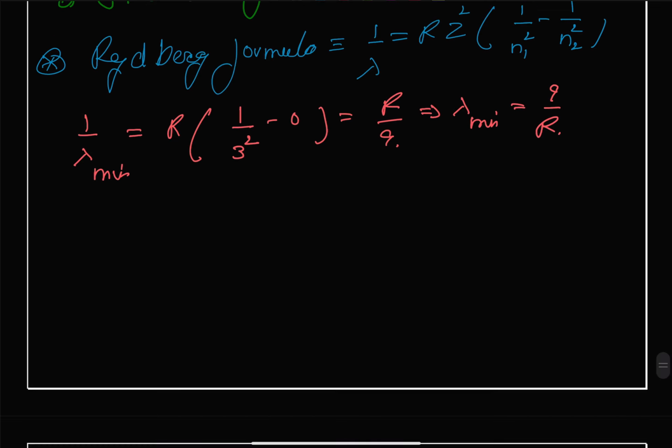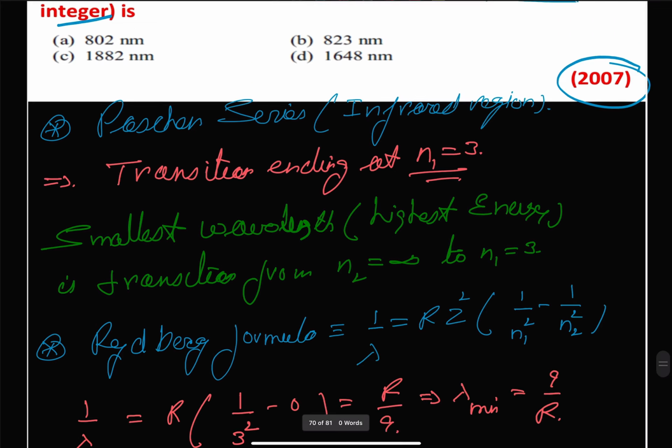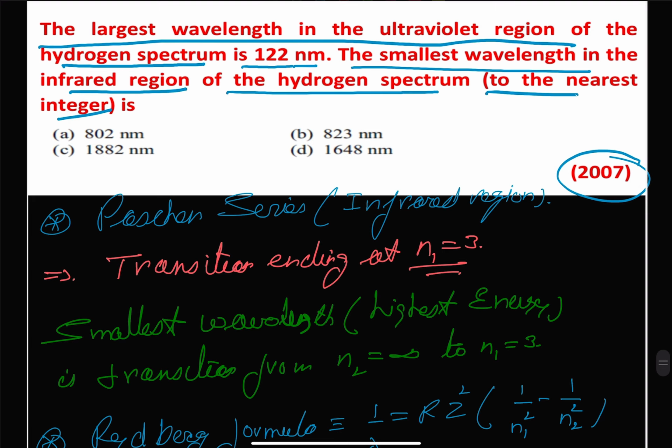Therefore, we can write our lambda minimum is equal to 9 upon 1.1 into 10 to the power 7. This gives us lambda minimum is equal to 820 nanometer, and the closest integer as per the answer is 823 nanometer. So option number B is correct.